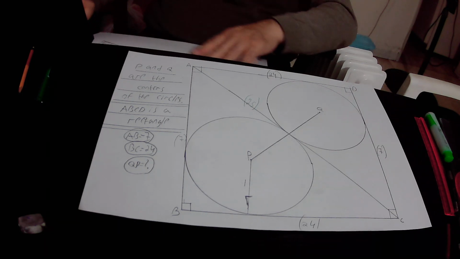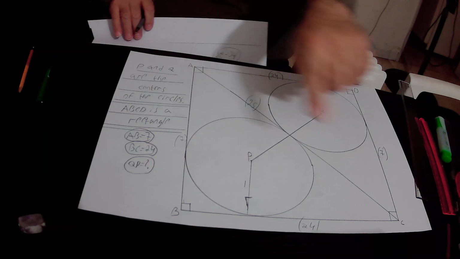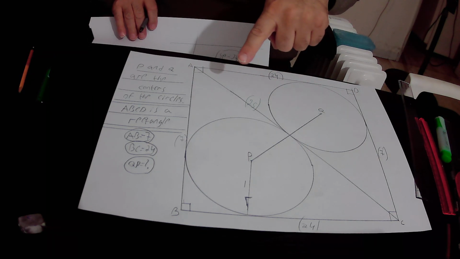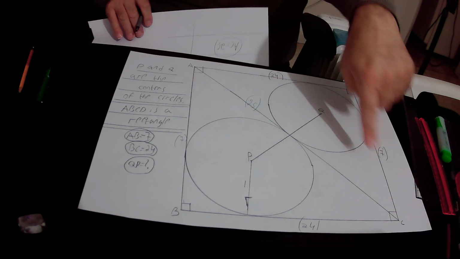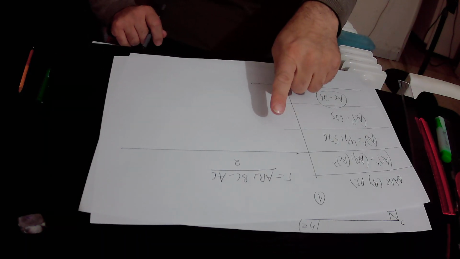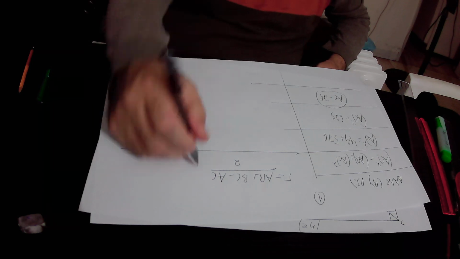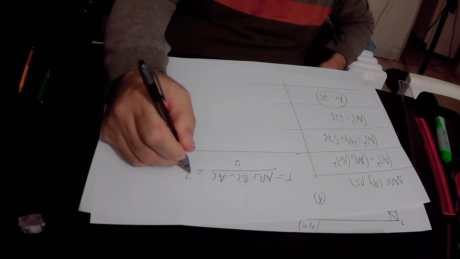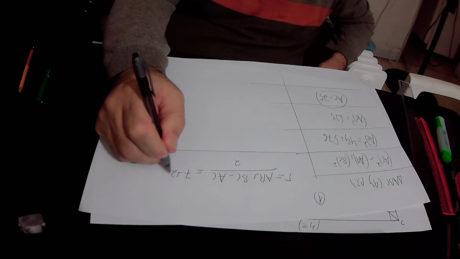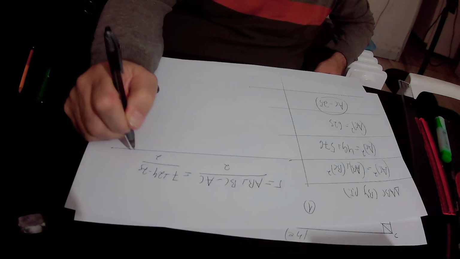The radius of this circle R, blocked by the right triangle ABC, must be equal to AB plus BC minus AC over 2. AB is 7 plus BC, that is 24, minus AC, that is 25, over 2.